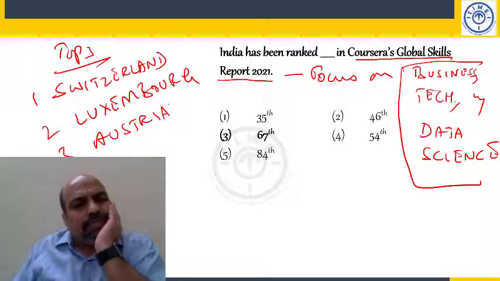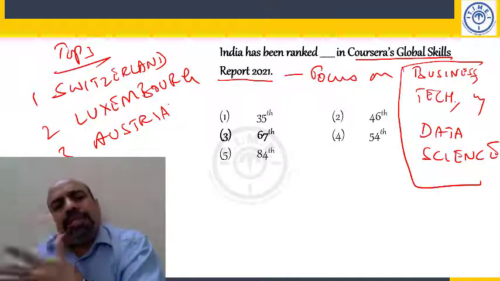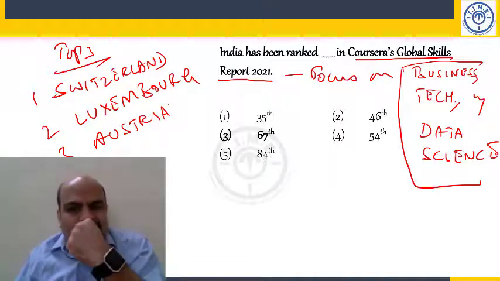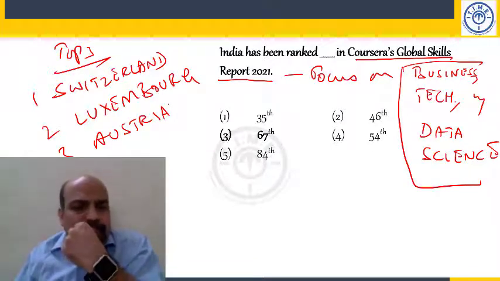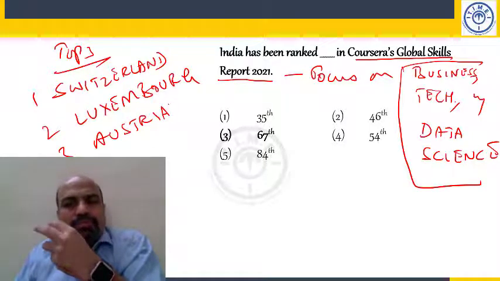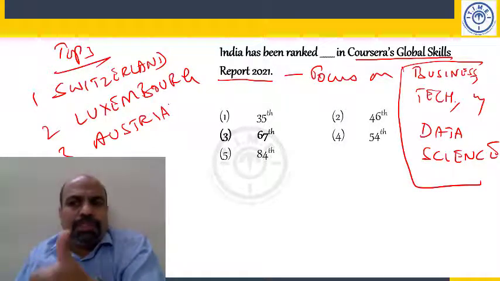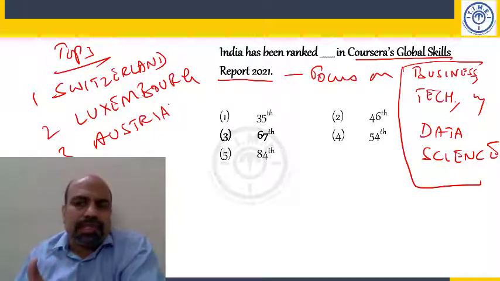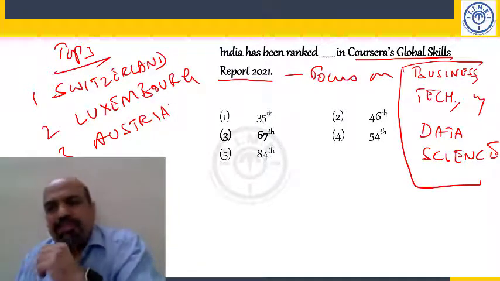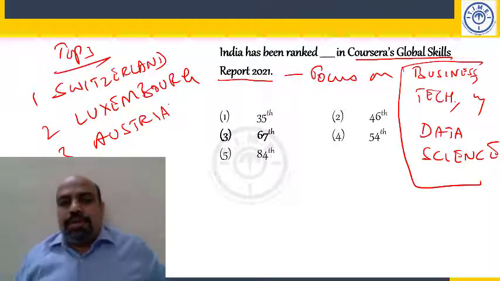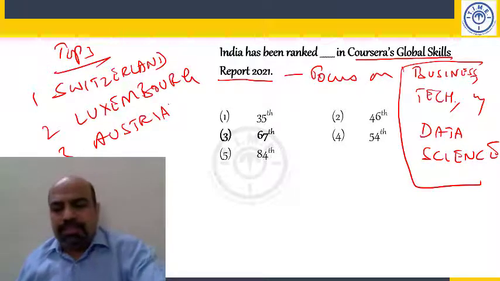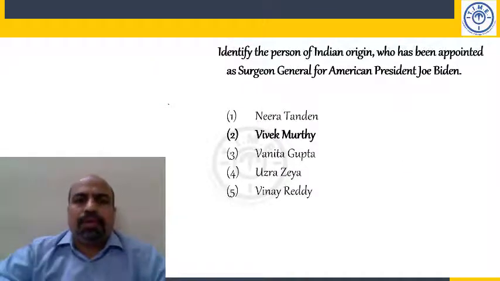Luxembourg is on the northwest of Switzerland, and Austria is on the east of Switzerland. So the three parameters are proficiency in business, technology, and data sciences, and India ranks 67th. The top three, as I mentioned, are the best countries for all these things.